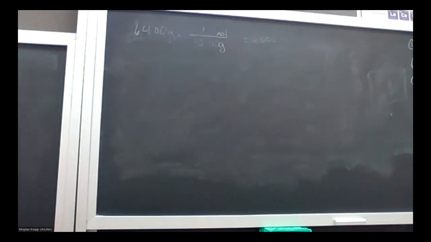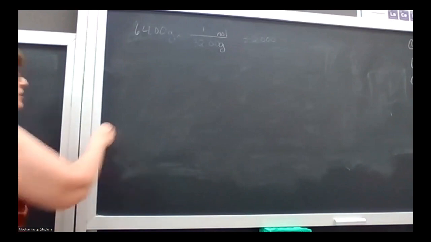Now in lab, you are trying to find an empirical formula. So that's the ratio between parts of the compound.